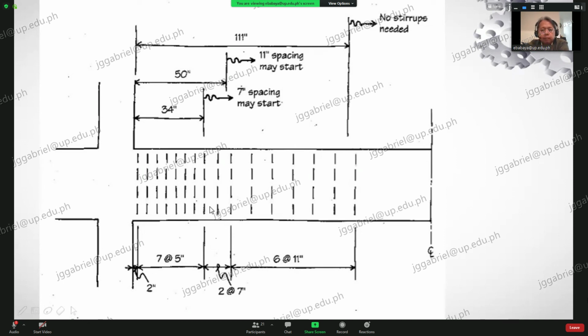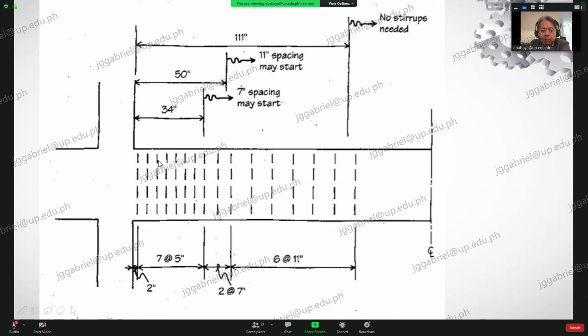Now, how do we implement this? Now, it says here 7 at 5 inches because this is 34 inches. 34 divided by 5 is how much? 6. Right? But then, make it 7, so that the ends are at 5 inches.